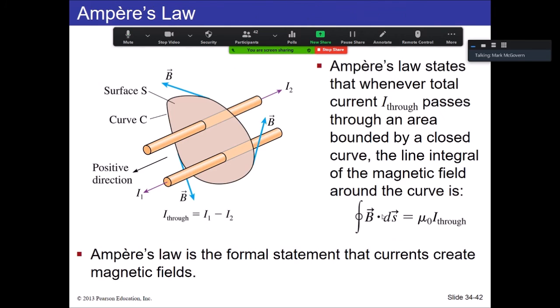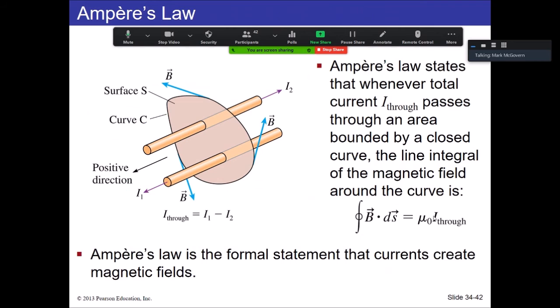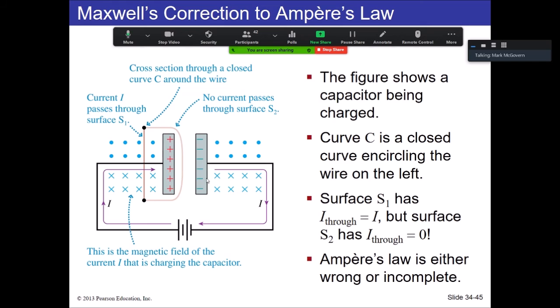Now, there is a small correction we have to make to this. It's something that we didn't talk about in this class. It's not part of the curriculum, but there is one extra piece to Ampere's law that was not discussed, and you can see that in this example.